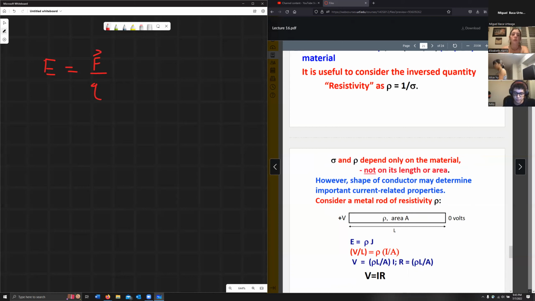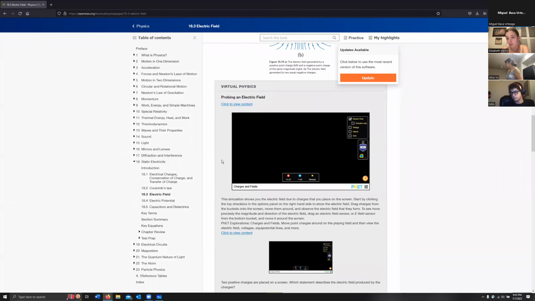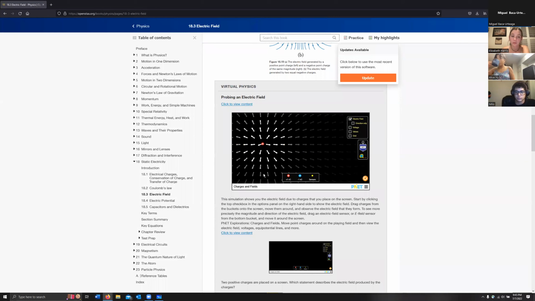It looks like, according to OpenStax, oh wow, this is actually pretty cool. I remember doing these simulators when I was a kid. So this is a positive charge.